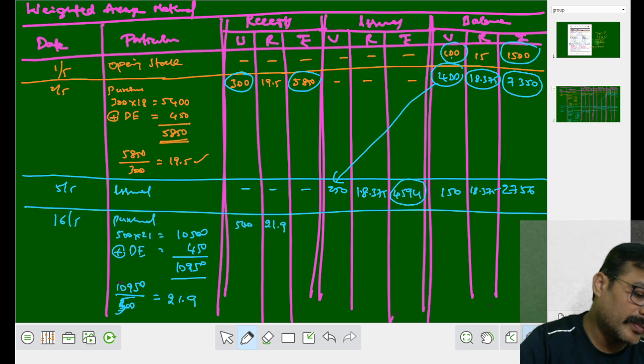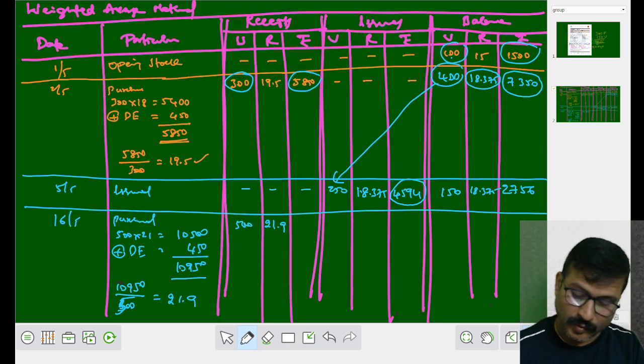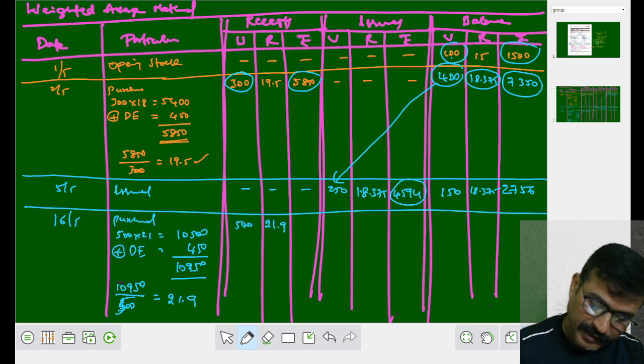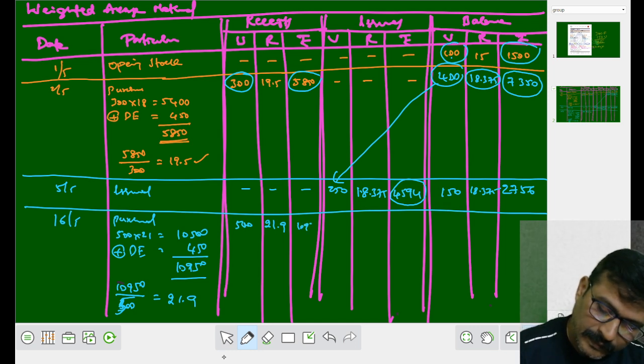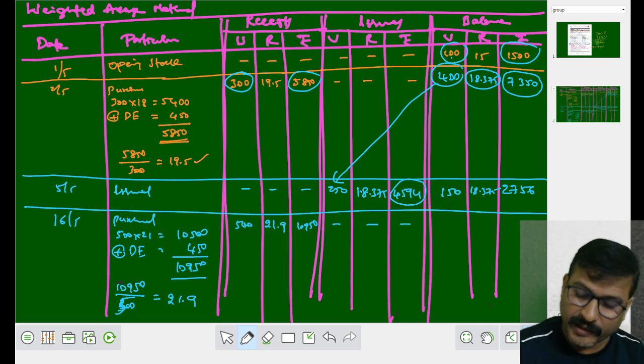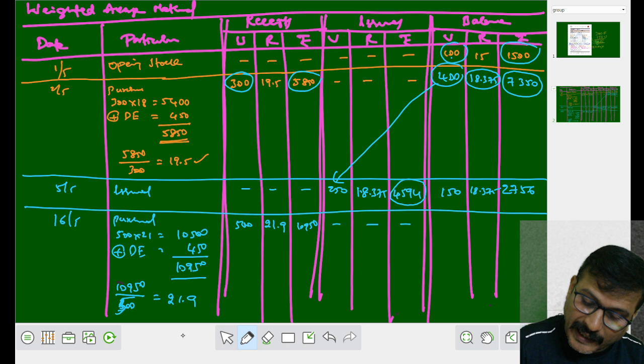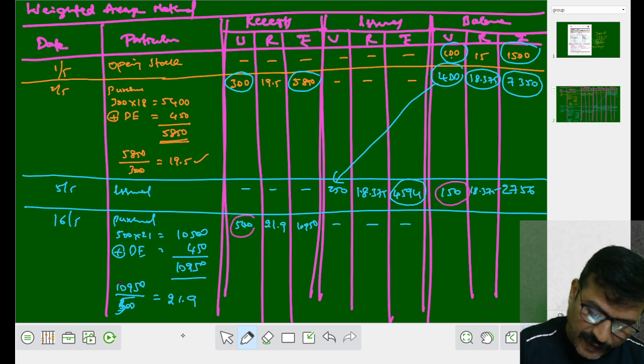Use the calculator and multiply. That is 500 into 21.9. Again it comes to 10,950. Am I right? Put a dash here. Now how many units will you have? See, there was 150. Now you purchased 500.